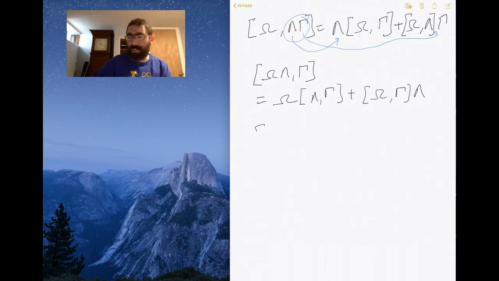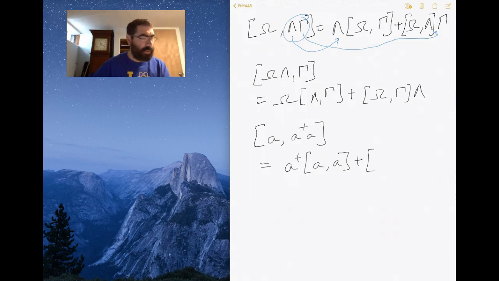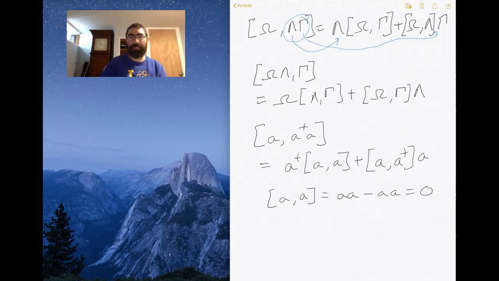If we now go back to our operator A, which I want to operate with A dagger A, that product. So when we do that, if I now distribute it, I get A dagger times the commutator of A and A plus the commutator A dagger multiplied by A. Now the commutator of A with itself is just A minus A times A, which is 0.